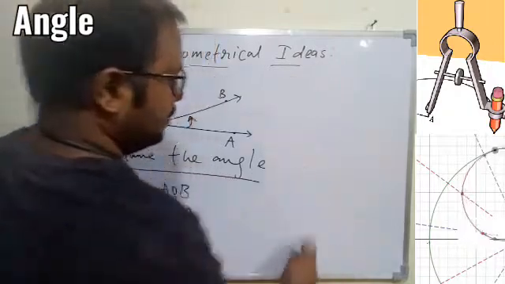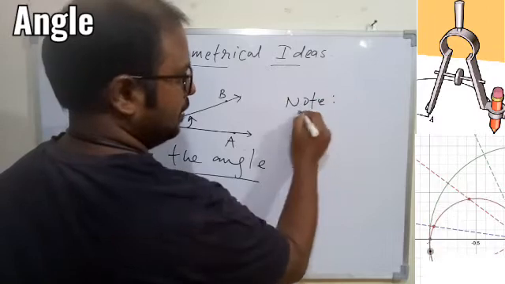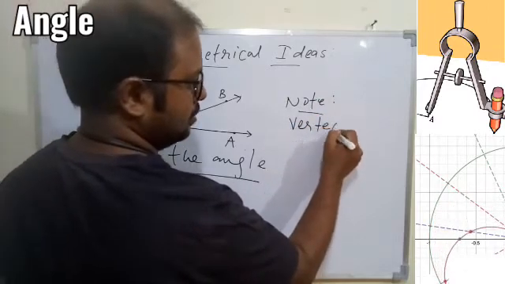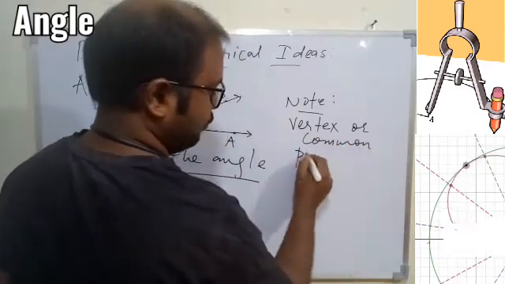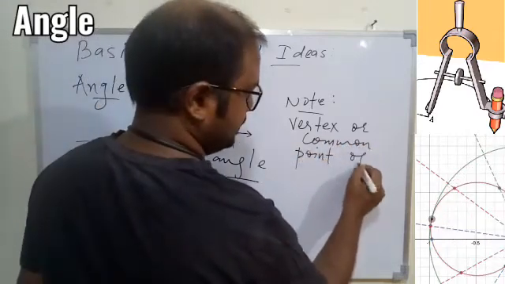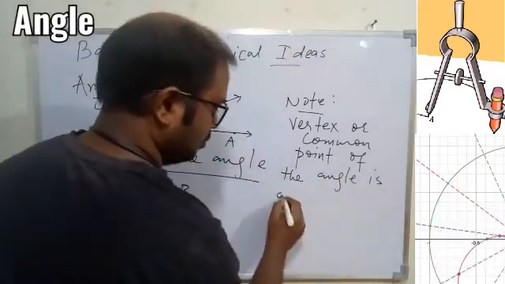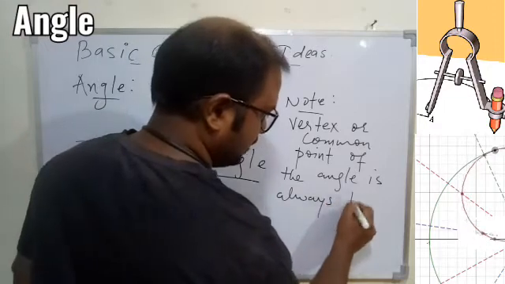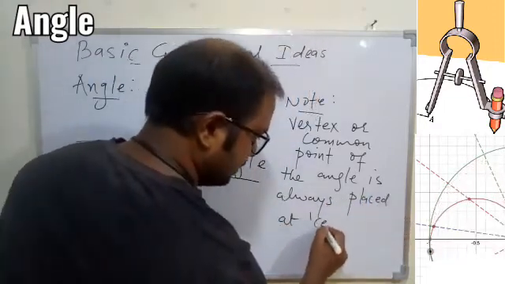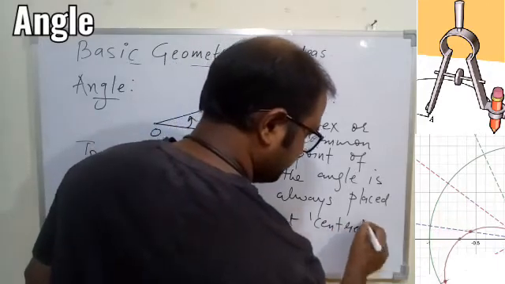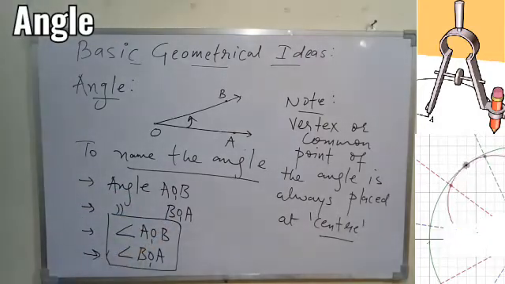So the only thing to take care of, note this, is that the vertex or common point of the angle is always placed at the center. You can see O is coming here, O is coming here, O is coming here.